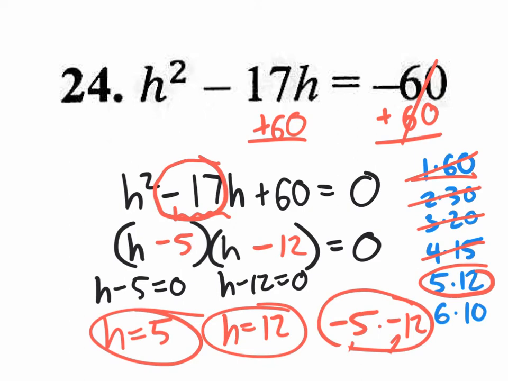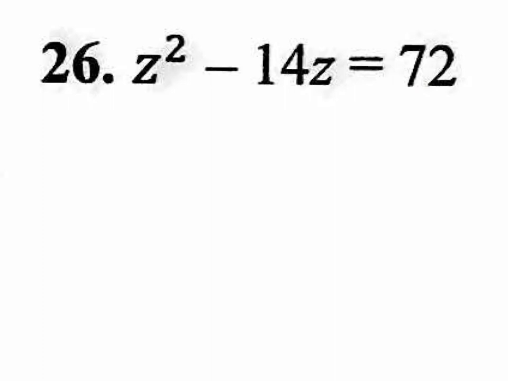Let me jump to the last one. Almost the last one. We still need to do 28 after this. So once again, you want to think of three words: factor, split, and solve. But in order to be able to split it using the zero product property, you need 0, right? So you need the equation to be equal to 0, not 72. So you're going to first subtract 72 and subtract 72.